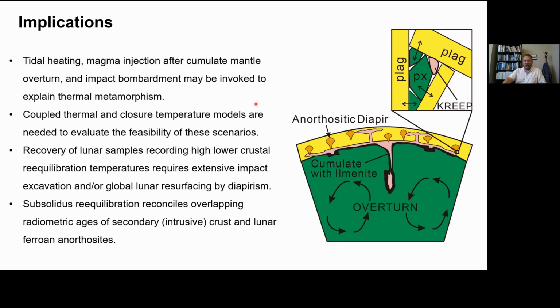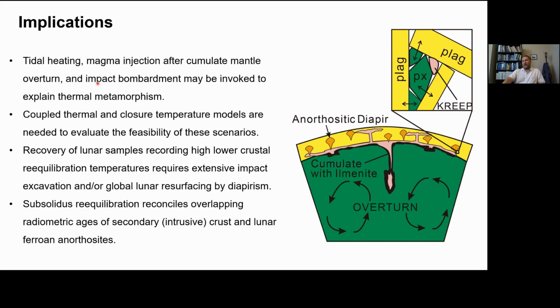If you were at LPSC, there's a good chance you saw Francis Nimmo's talk on tidal heating of the moon and the lunar crust, and he was interested in trying to understand the overlap of ages of the secondary crust and the primary crust, and he invoked tidal heating to do that. Well, tidal heating would produce thermal metamorphism, of course, as well, and potentially redistribute rare earth elements.